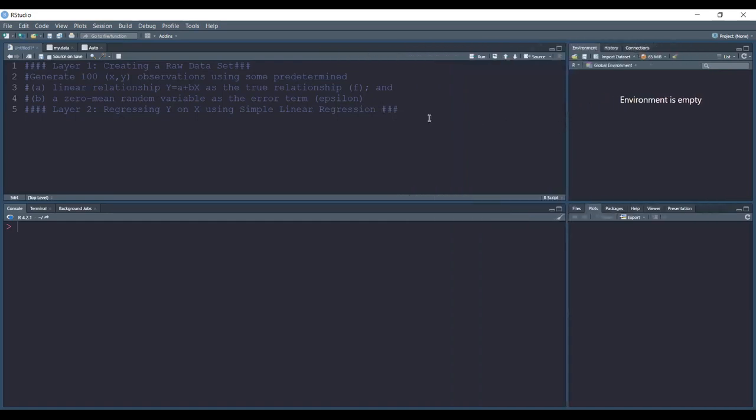So this means minimizing the residual sum of squares. That's layer two.